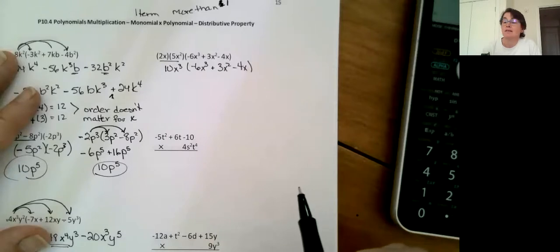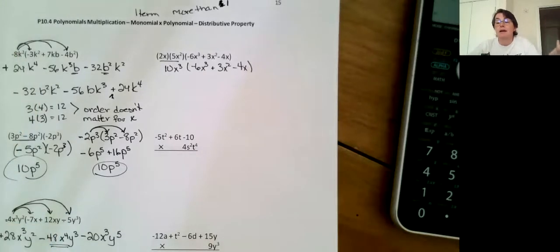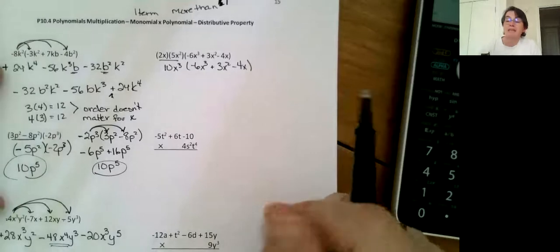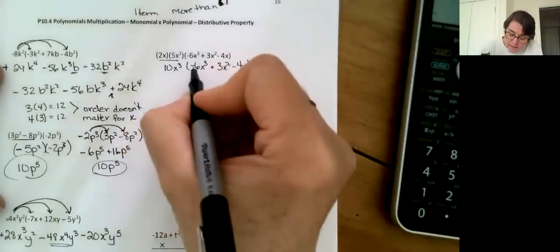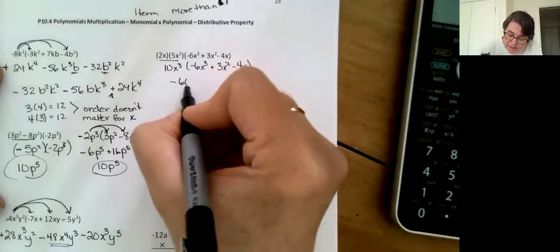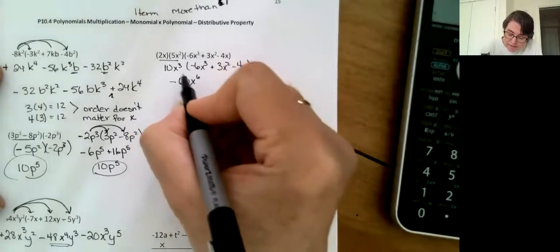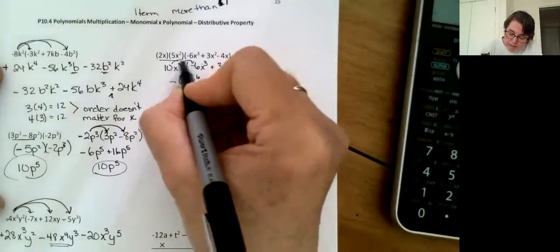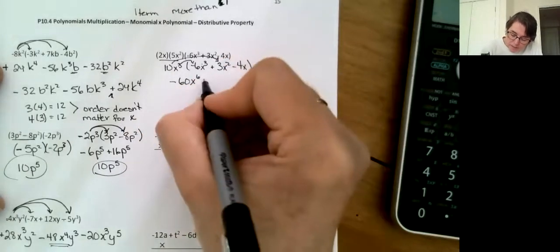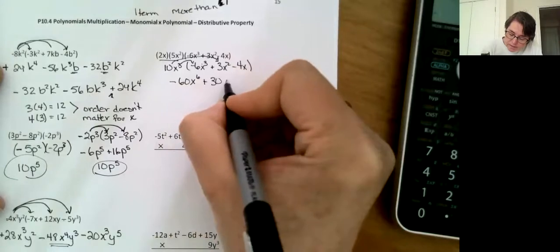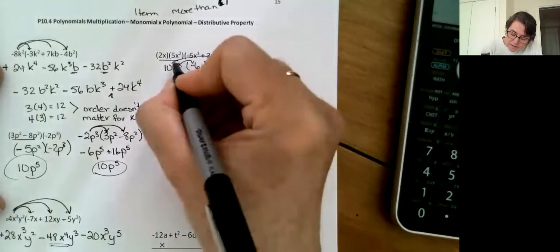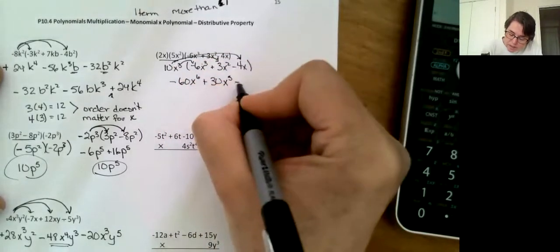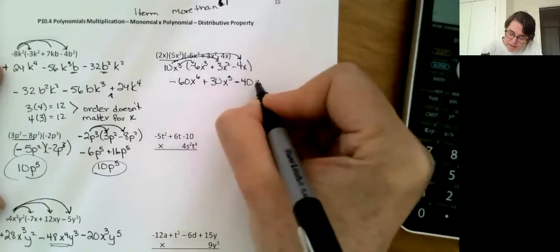If you're not great at math, you're going to look at me and go, what are you doing? I'd rather show you all the steps. We got time. 10 times -6 is -60 x to the 6, right? Add your exponents. 10 times 3 is plus 30 x to the 5th. And 10 times -4 is minus 40 x to the 4th.